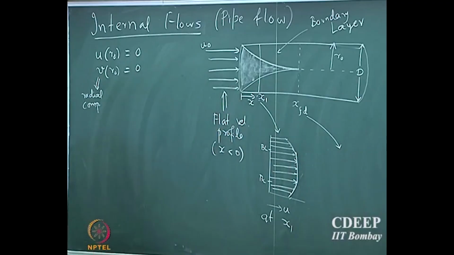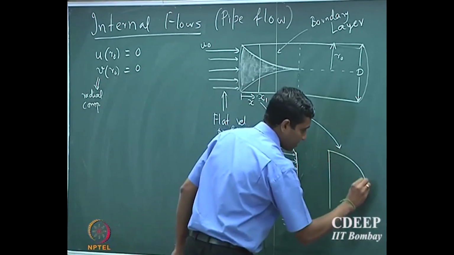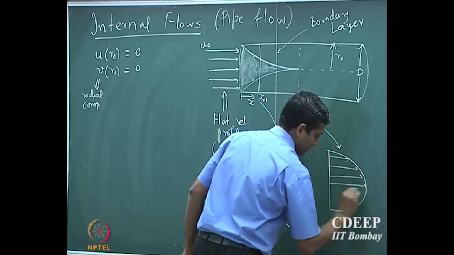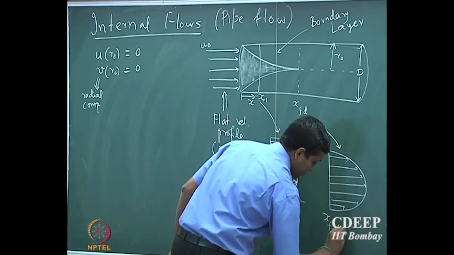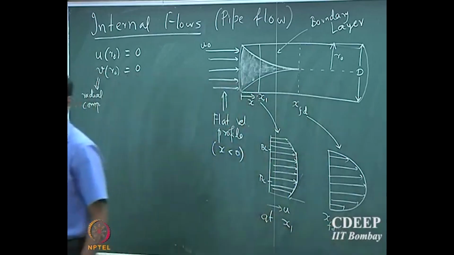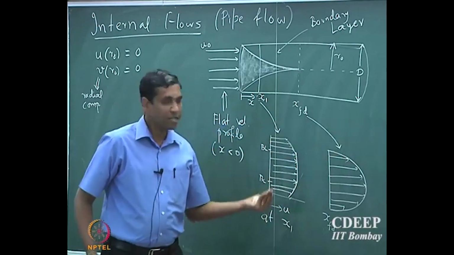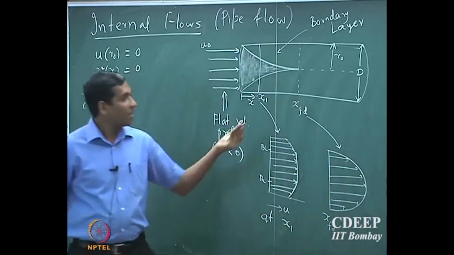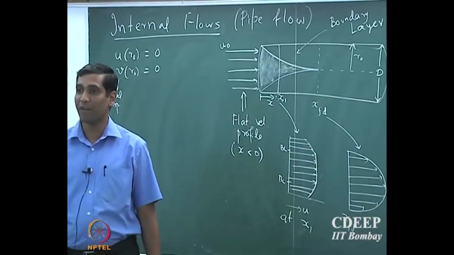Now if I look at the velocity profile at the fully developed regime, what I will have is a parabolic velocity profile. Anywhere after the fully developed regime, the velocity profile will continue to remain the same, as long as the regime does not change.